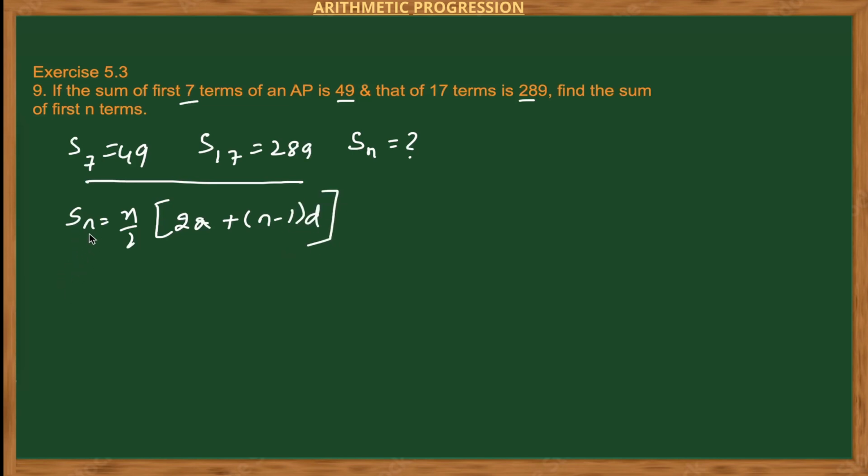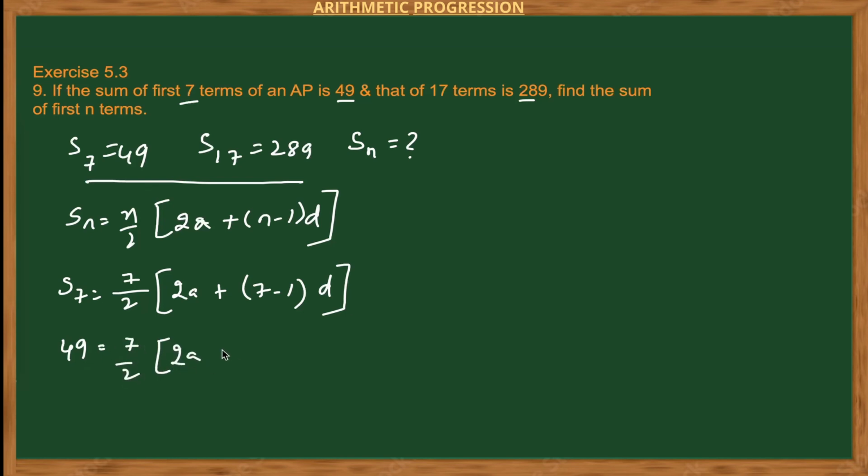So here, S7 is equal to 7 by 2 into (2a plus (7 minus 1) d). d is not known. Let's substitute S7: 49 is equal to 7 divided by 2 into (2a plus 6d).